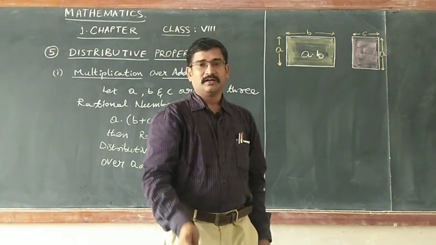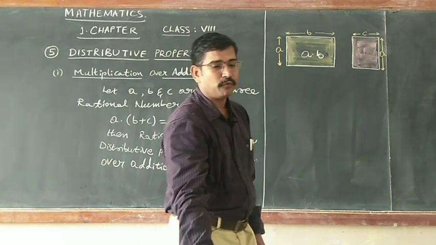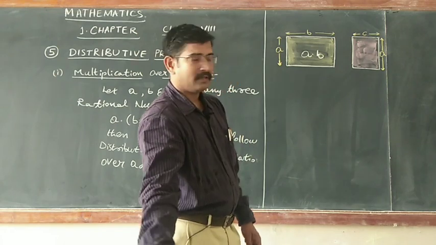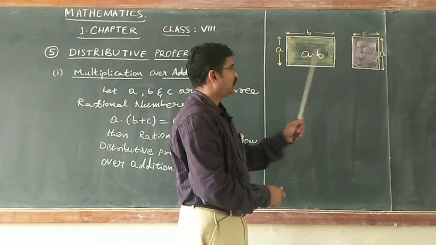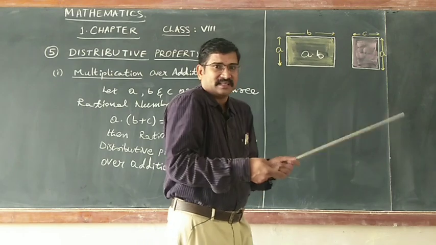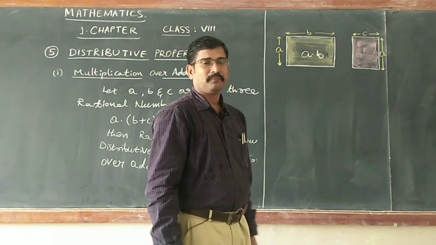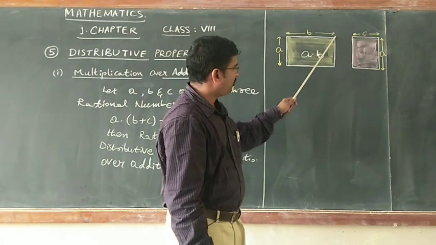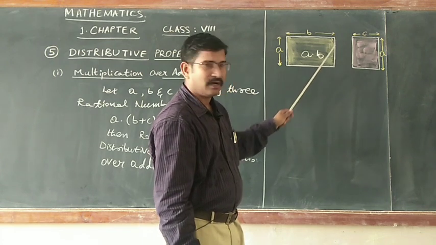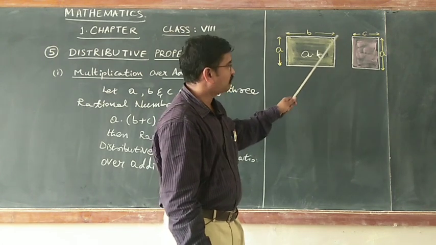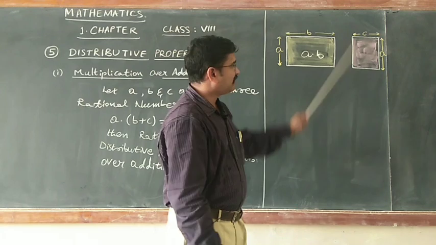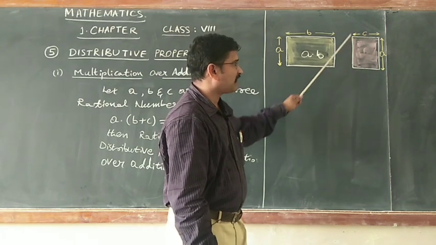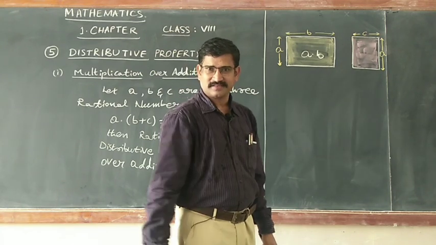See children, here if you watch, by comparing these two, keeping it one beside the other, whatever is the measure of this dimension of a big rectangle, that is breadth, is getting equal to one of the dimension of this rectangle. That is how it looks.